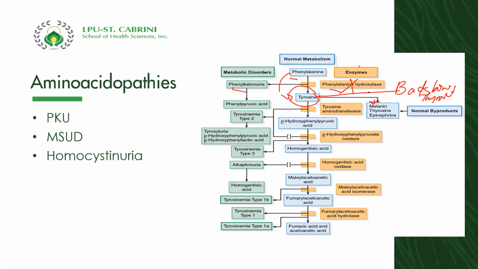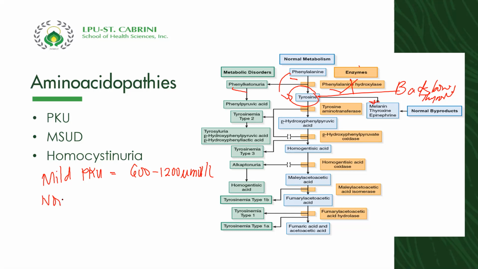Now remember guys that mild PKU is seen wherein the phenylalanine level is between 600 to 1000 micromoles per liter. Okay?